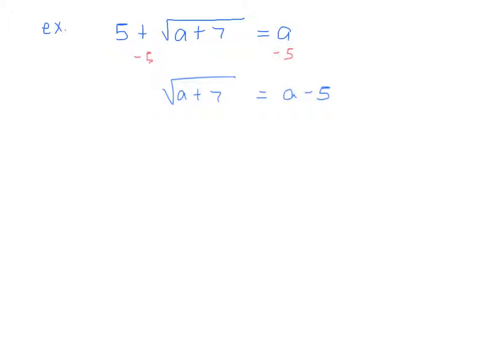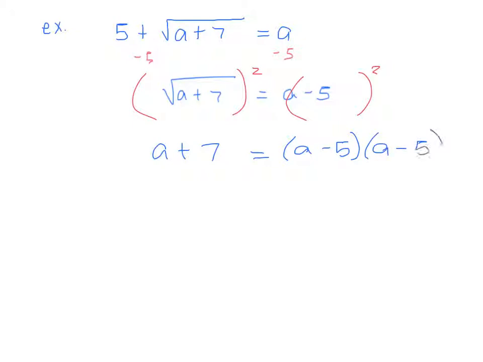Now at this point, we can see that we have the square root sign, which means that in order to get rid of that square root, we have to square that side, and so we have to also square this side. So we get on the left side, a plus 7 is equal to a minus 5 times a minus 5. Remember that when you're squaring this, you're not just squaring a and then squaring negative 5. You actually have to do first, outer, inner, last. You have to distribute everything.